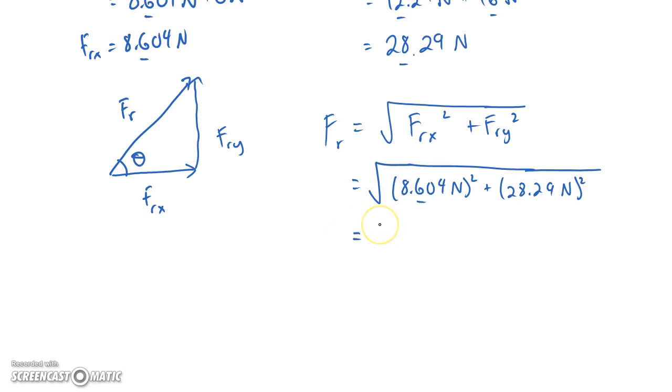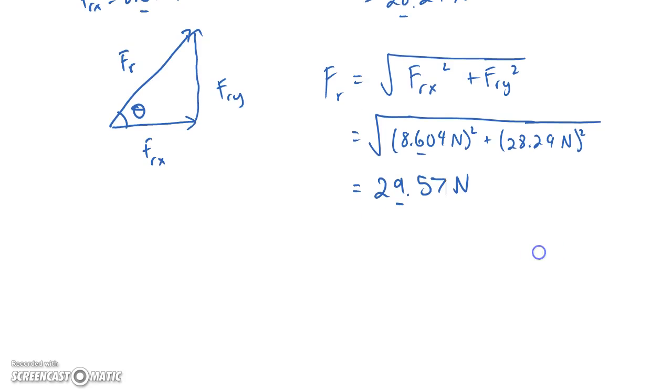And you do that one out and you'll end up with 29.57 out of your calculator, and it will be to 2 sig figs in that one. You can do that one out to see how it gets to 2 sig figs. But we're not going to round it yet. Just leave it there. It's fine.